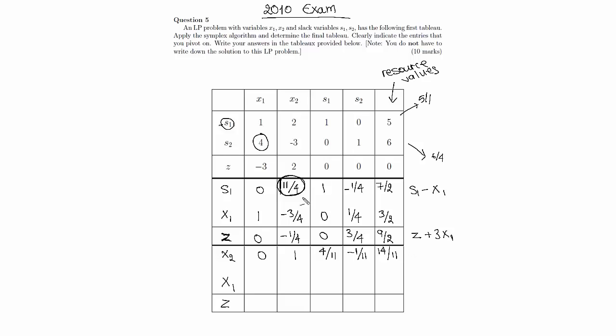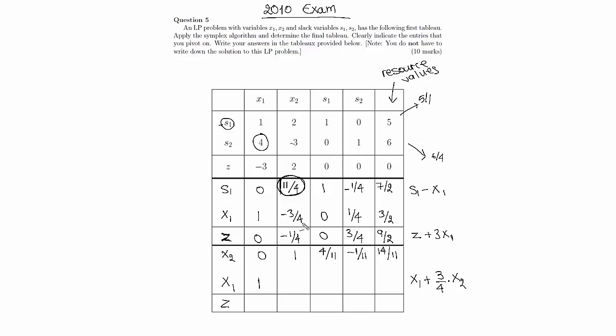Now, in order to make minus 3 over 4 into 0, so we can have the basic variable form here, we need to take x1 and add to it 3 on 4 times x2. So this will give us, we have 1 plus something times 0, so it will be just 1.